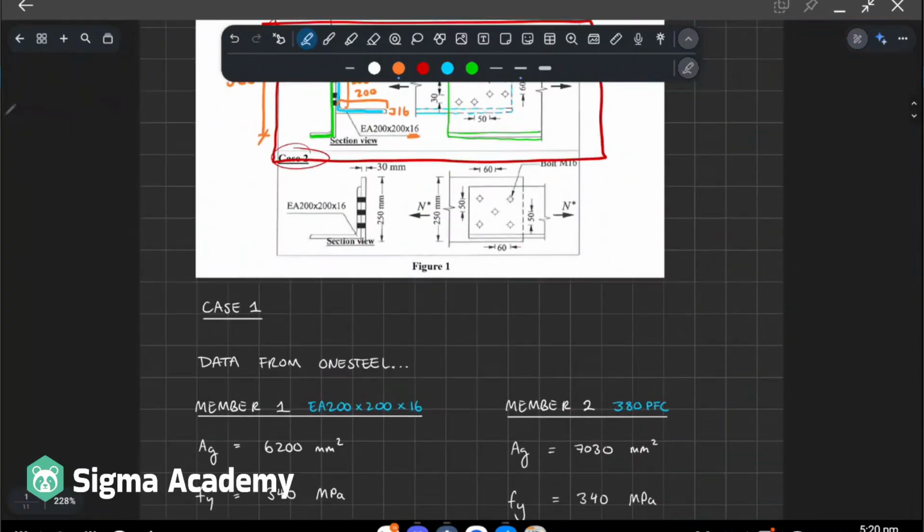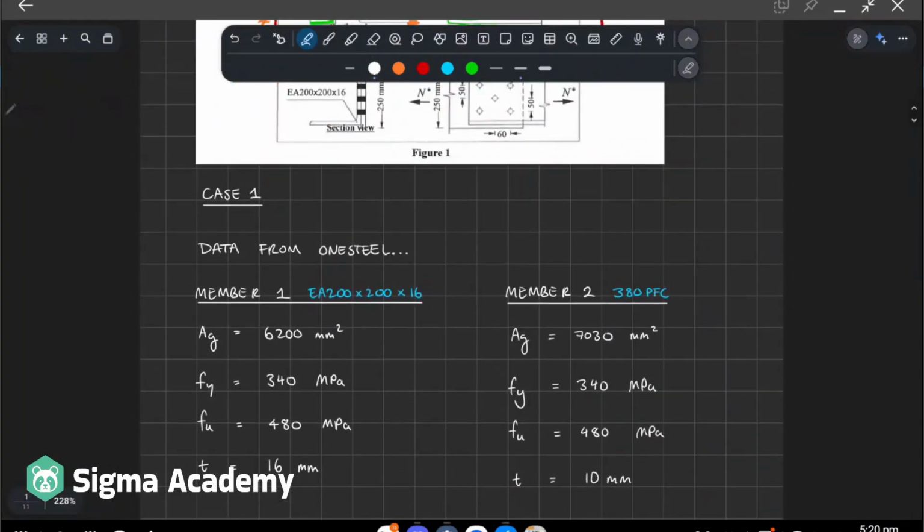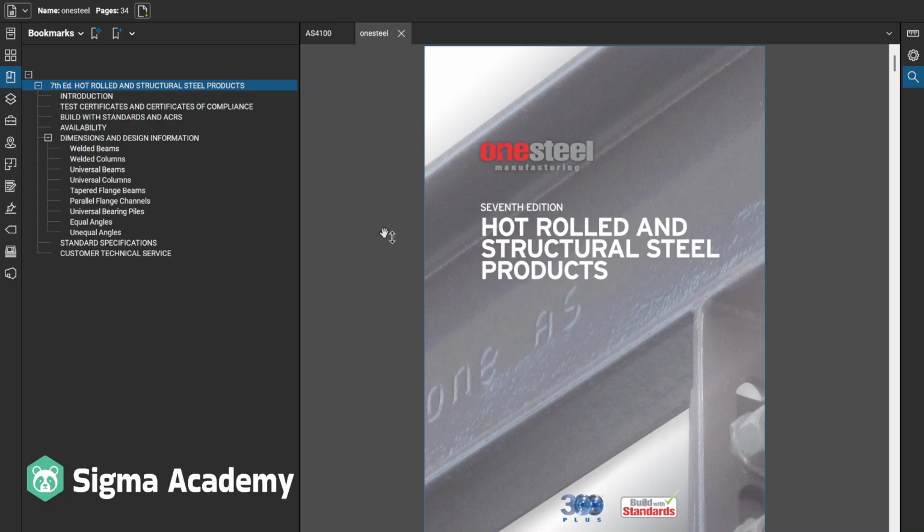All right. So first, we have to pull data from OneSteel. If you go to Google and type OneSteel catalog, you get a PDF, and it's for hot rolled structural steel products.